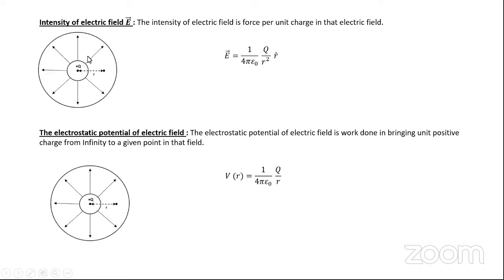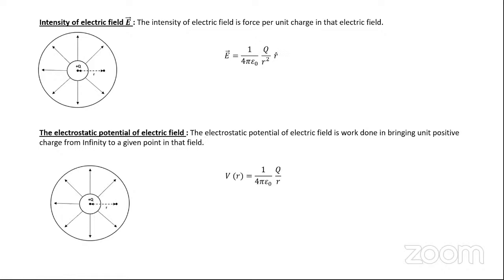Then what should be the intensity of that electric field? By definition, it is force per unit charge. So here we have force is equal to 1 upon 4 pi epsilon 0 capital Q divided by R square multiplied by 1 coulomb there.